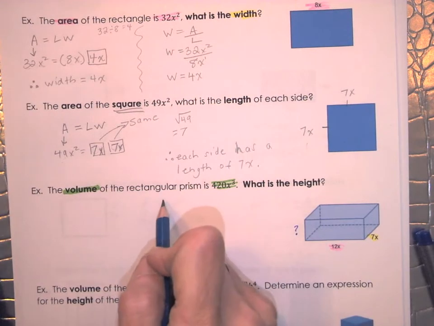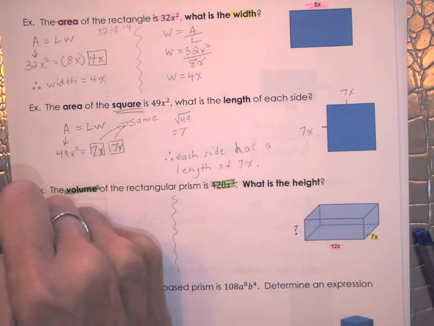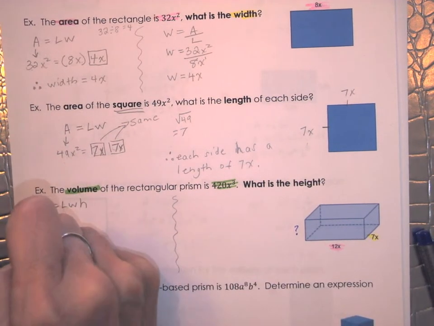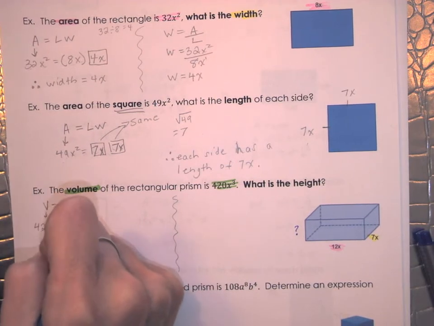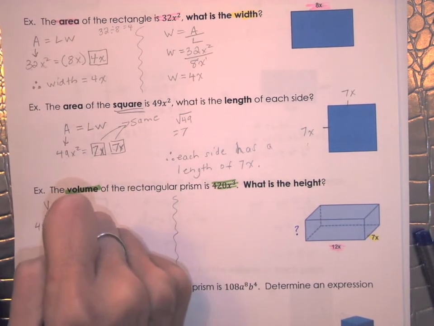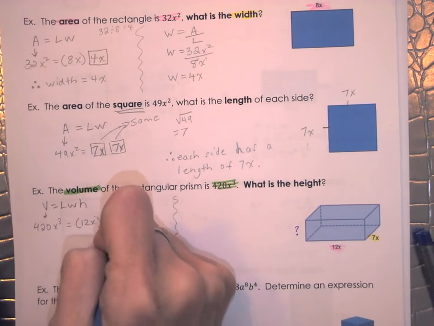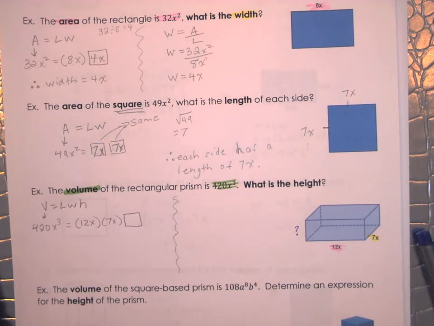So again, there's two ways to think of it. One is to write out the formula that we were given and then replace volume with 420x cubed, length with 12x in brackets, width with 7x, and then a box with the unknown in it, which is going to end up being our height.